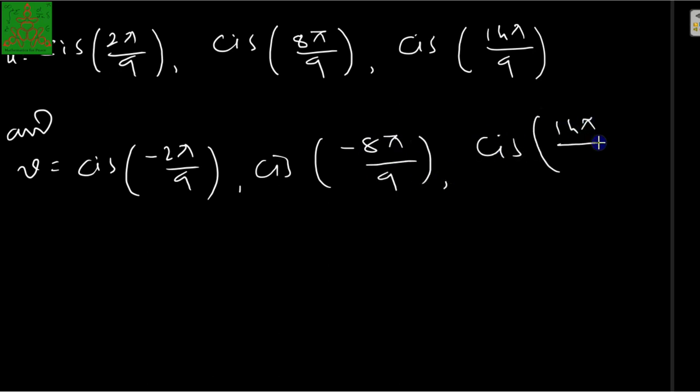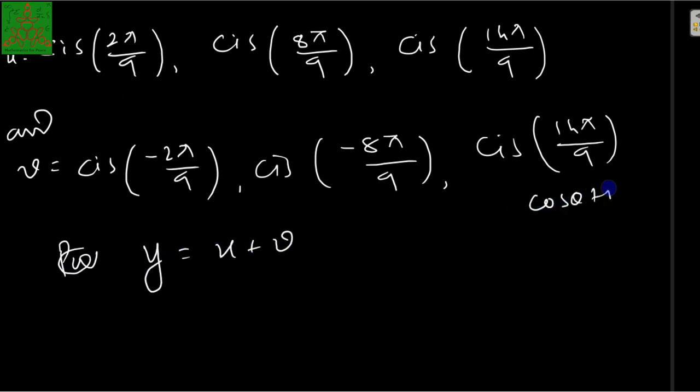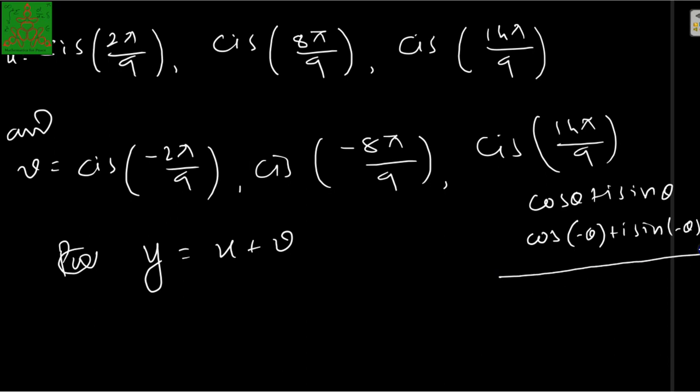Now we have to find the value of y, which is u plus v. You can say this is cos theta plus i sin theta, and this is cos of minus theta plus i sin of minus theta. If I add them, cos theta is an even function, so cos of minus theta is the same as cos theta, and sin of minus theta will be minus sin theta.